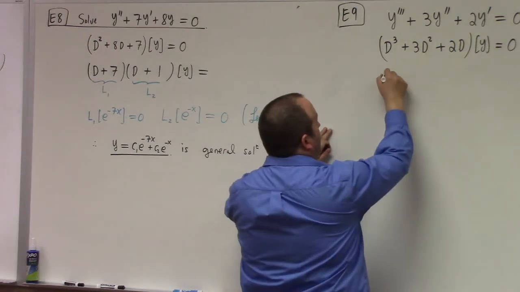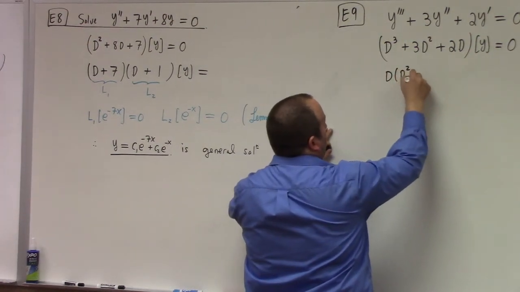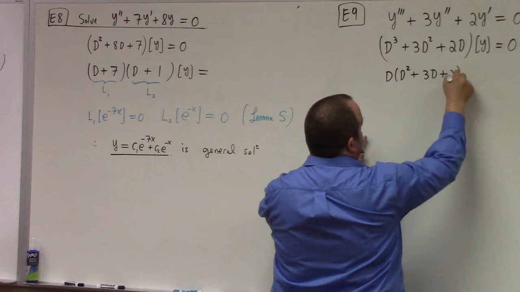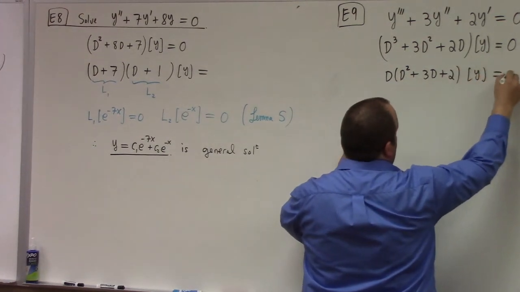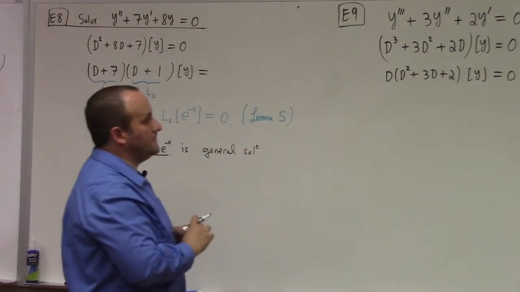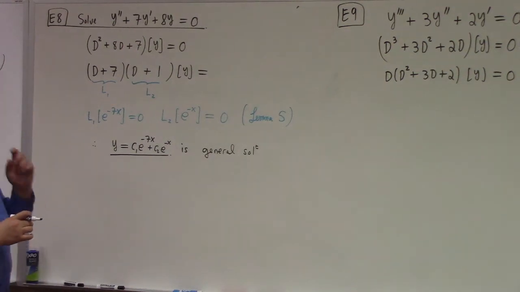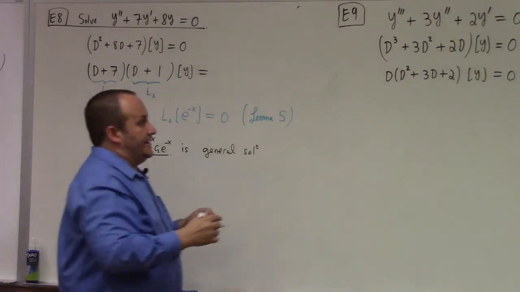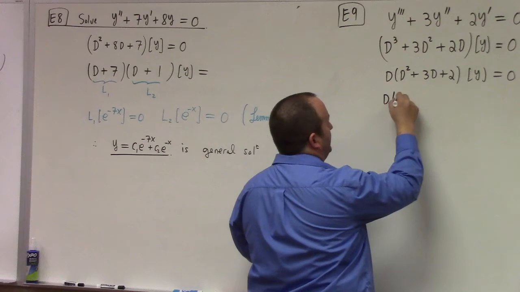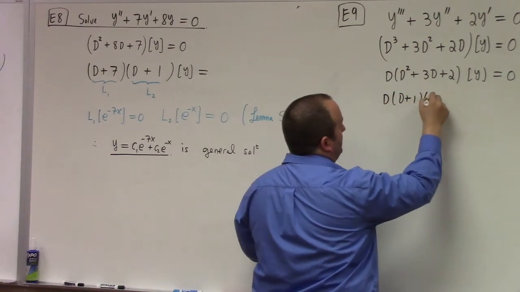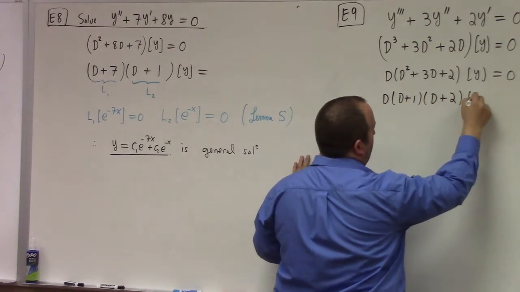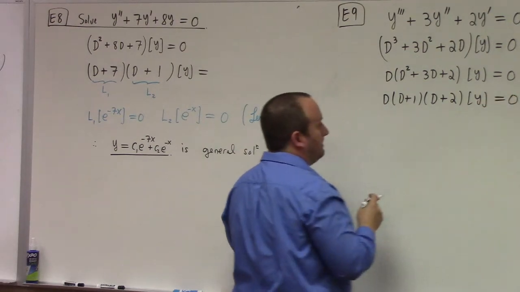So that is D times (D squared plus 3D plus 2) acting on y equals 0. Can you factor that? Yeah. So this is D times (D plus 1) times (D plus 2) acting on y equal to 0.